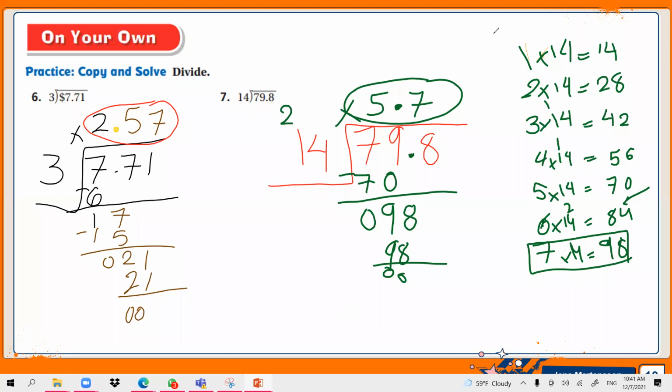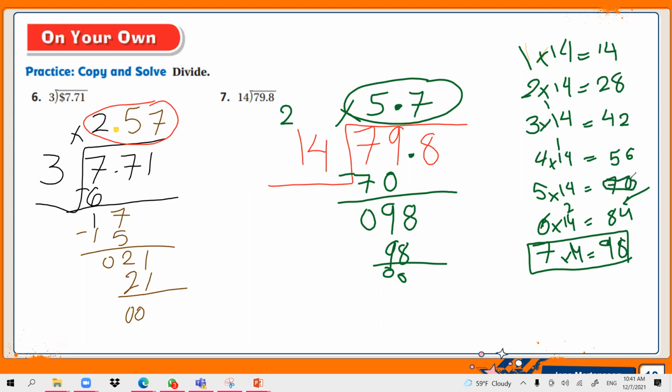Okay, what did I do here? Here I wrote the multiplication table of 14. I wrote 1 times 14, 2 times 14, 3 times 14, up to 7 times 14. Then here the number is 79. Where is 79? Between which two numbers? Bravo, between 70 and 84.